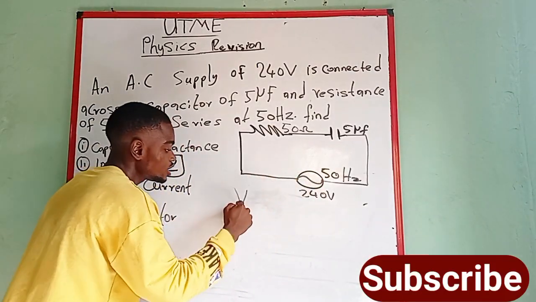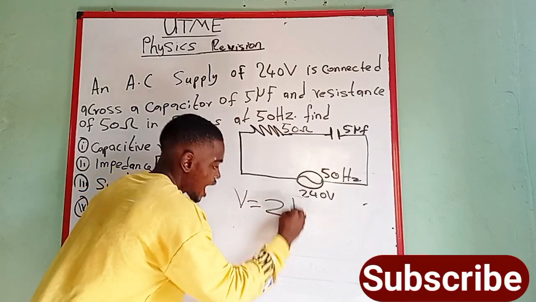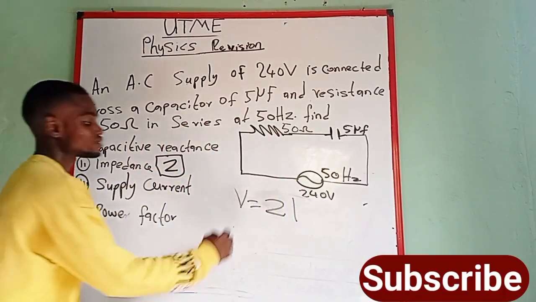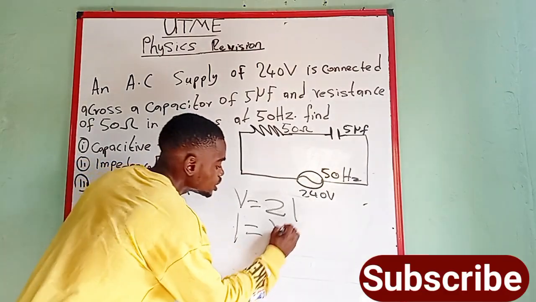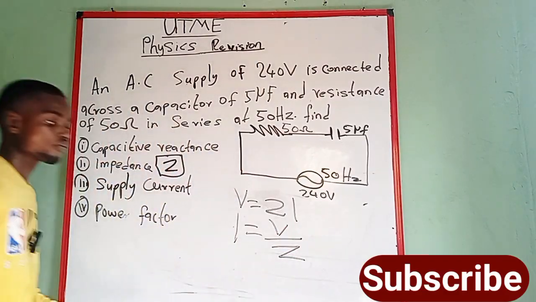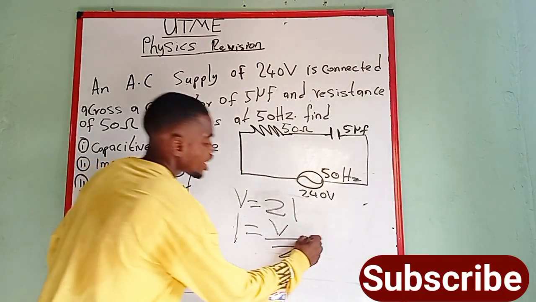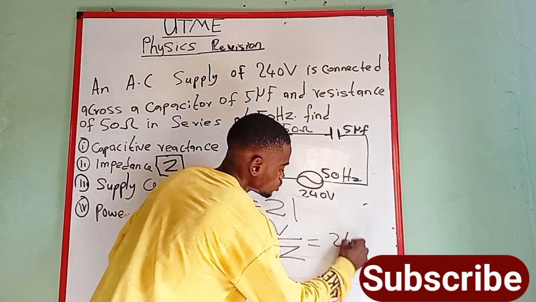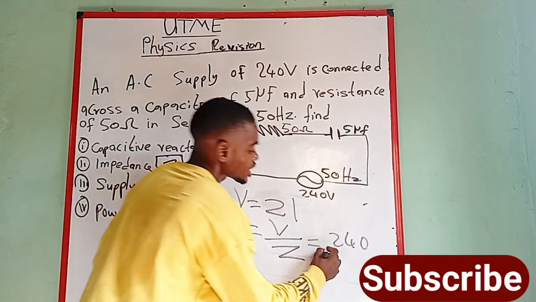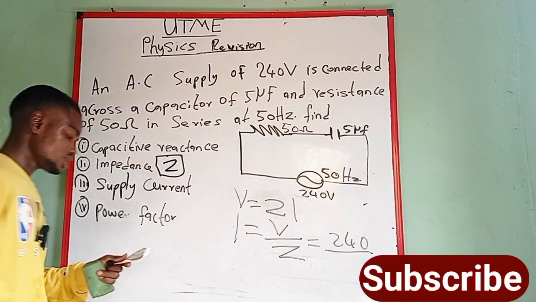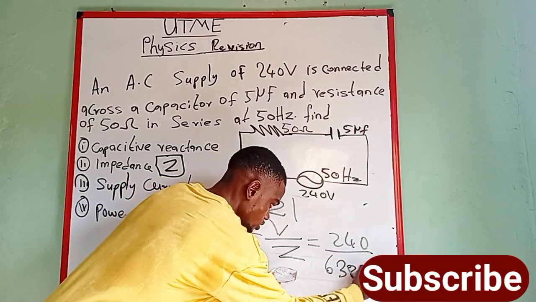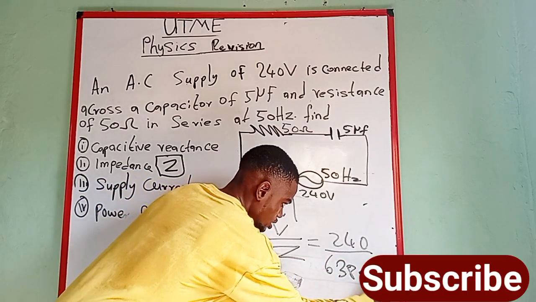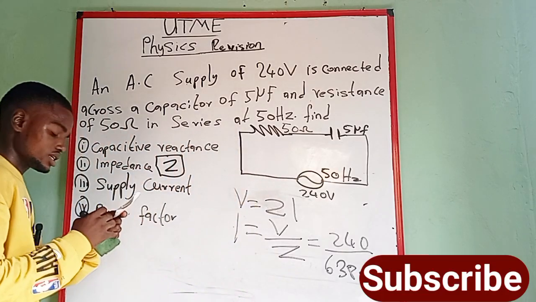It will now be V equals ZI, whereas my I, the supply current, becomes V over Z. V is 240, and Z, which we calculated, was 638.58.